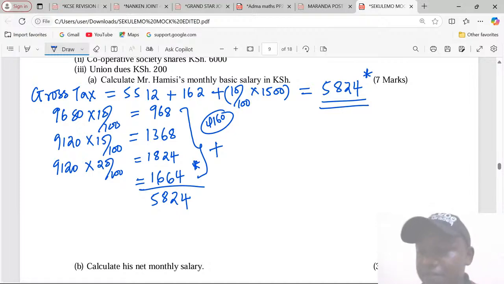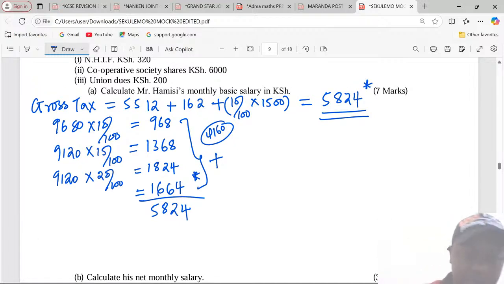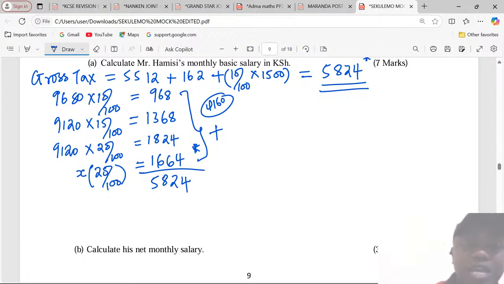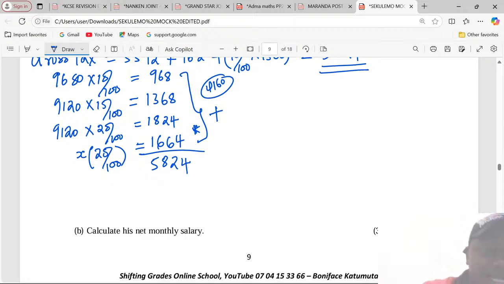Now, if we have known what we are lacking, then we are supposed to say that there is a certain amount which is unknown, X, being multiplied at the rate of 25% to give us 1,664. So what is this particular X?